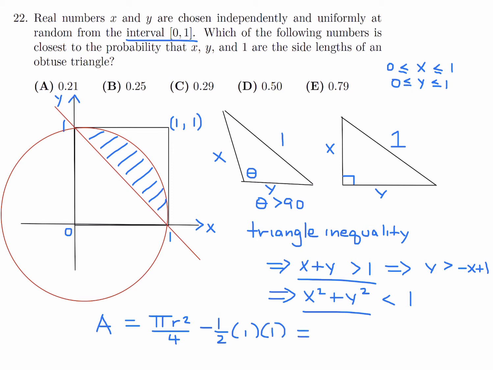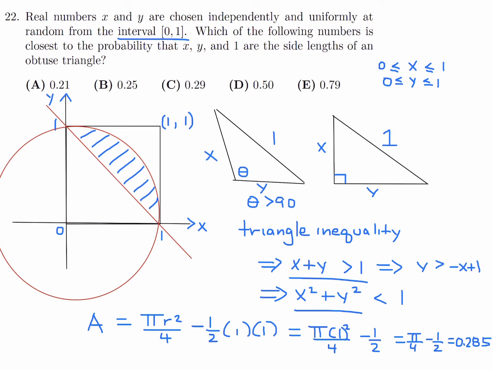And r is 1 also, so that's going to be pi times 1 squared over 4 minus 1/2. So that looks like pi over 4 minus 1/2. And if you use 3.14 for pi, you'll get 0.285 approximately. And of the answer choices, the one that's closest is C.